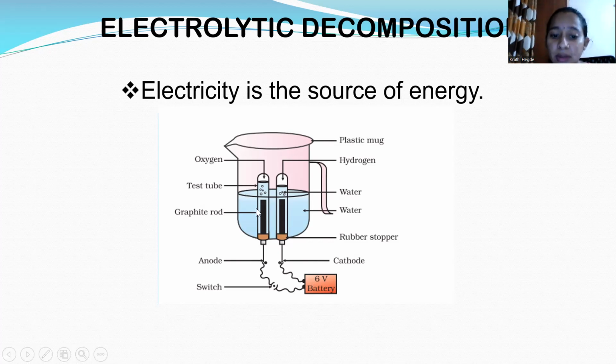And when the current switch is turned on, bubbles start to appear in both the test tubes, on the cathode side and the anode side. What would be those products? One side it will be hydrogen gas, and another side it will be oxygen gas.